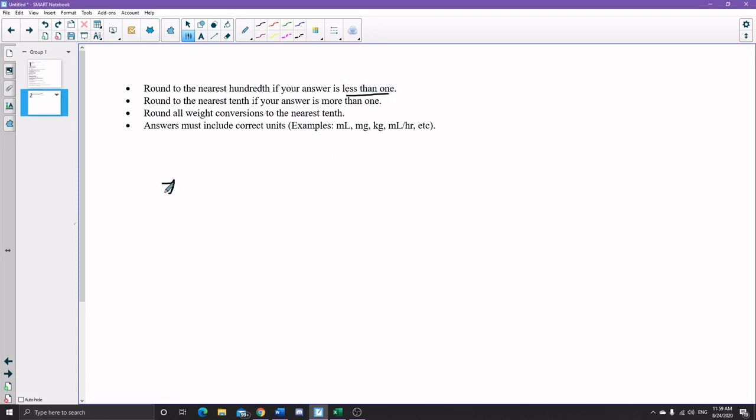So like 1 milligram or 1 milliliter, that's enough, but if my answer was 0.92, you need this detail because it's such a small number. You would need 2 of these.